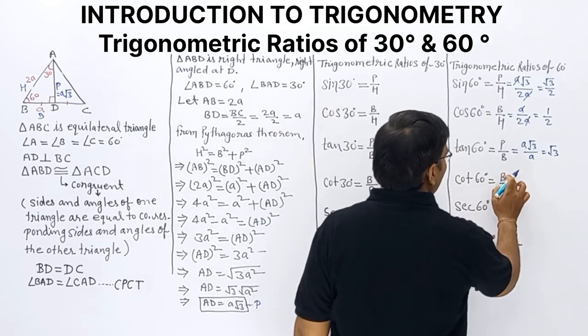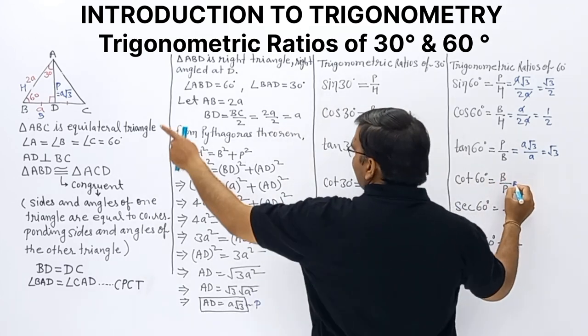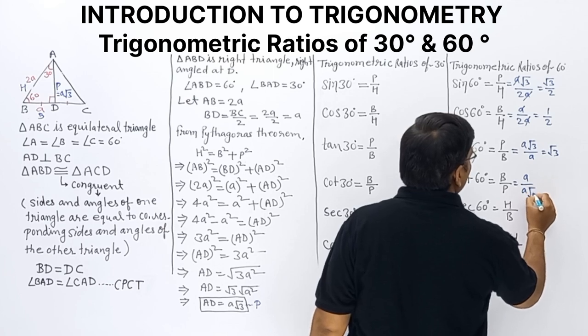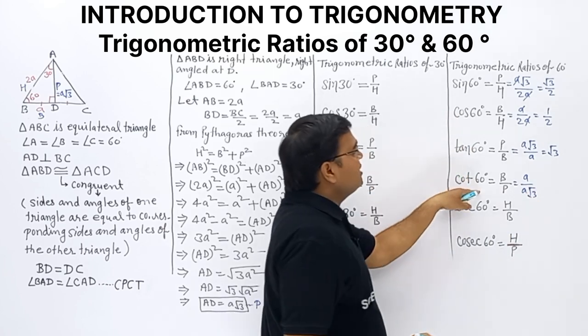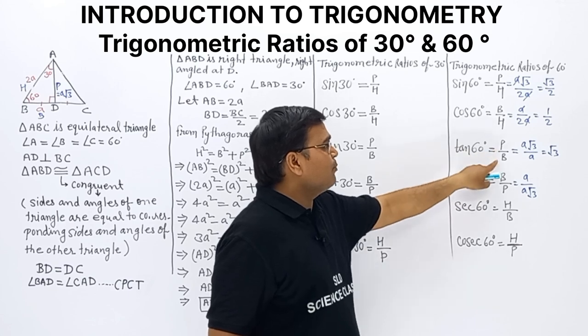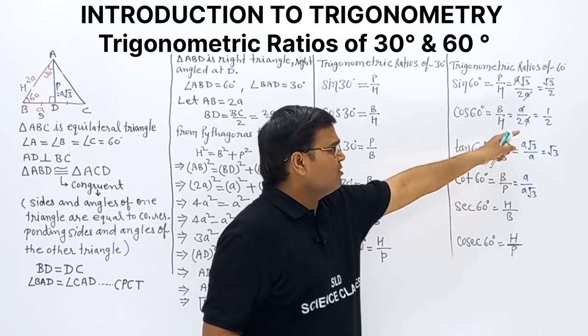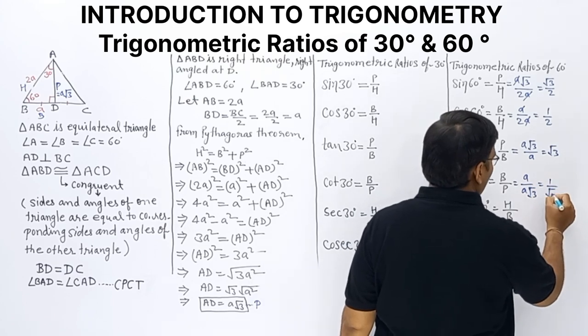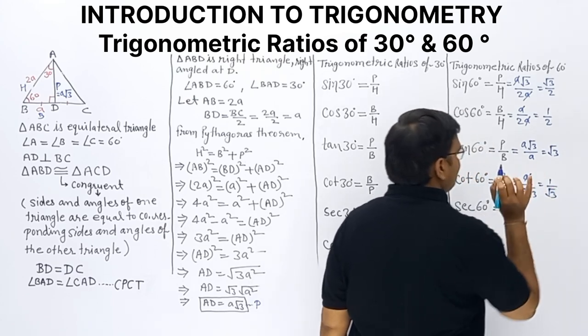Cot 60 will be base upon perpendicular. Base is A, perpendicular is A square root of 3. Or we can say cot 60 is the reciprocal of tangent 60. When we take the reciprocal, P upon B becomes B upon P. A and A cancel. What are we getting? 1 upon square root of 3.